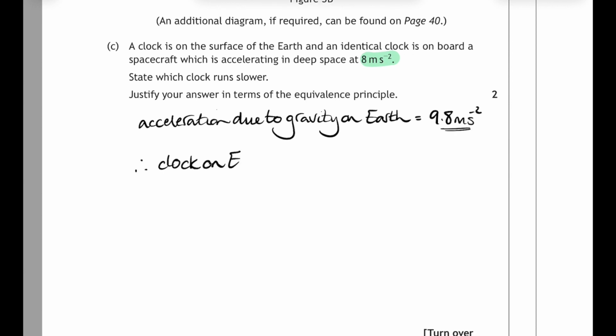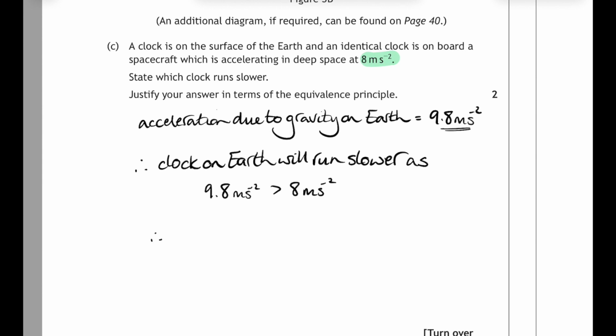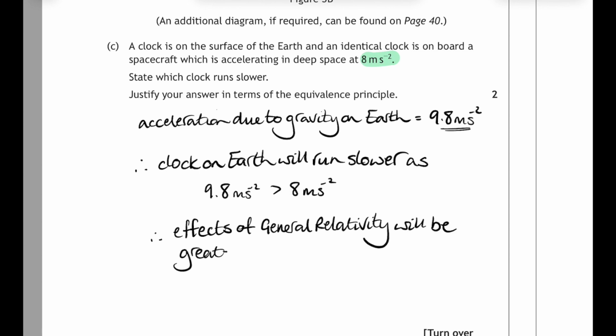So the clock on the Earth's surface will run slower because 9.8 is greater than 8 meters per second squared. Or in other words, the general relativistic effects will be more noticeable in a greater gravitational field, so the clock will run slower. And there's the marking instructions.